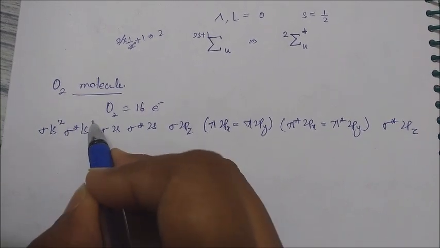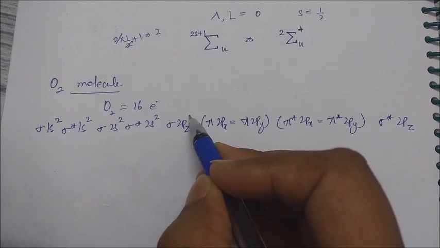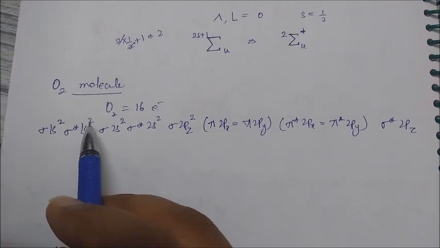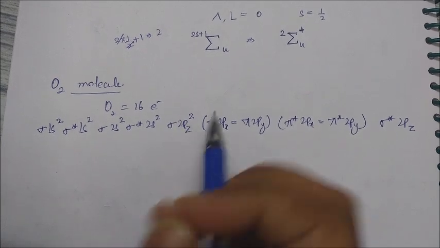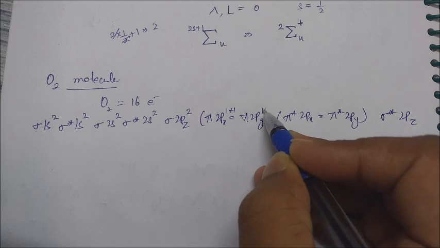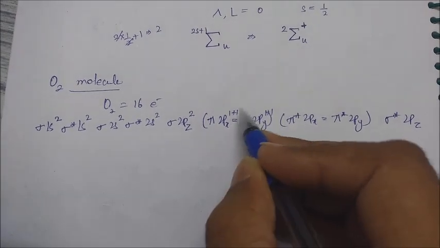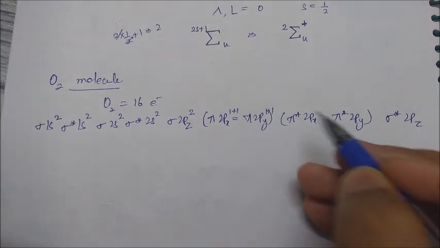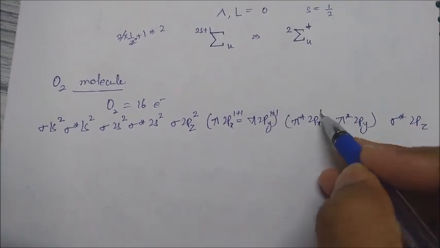So let's fill them. Here 2 electrons, then 2, then 2, then 2 and 2 over here, so 2 plus 2 plus 2 plus 2 plus 2 is 10. Then 11, 12, then 13 and 14, like that we have to fill. First one here, then the next one. You should know these things. Up till here 14 electrons, then the 15th and 16th.